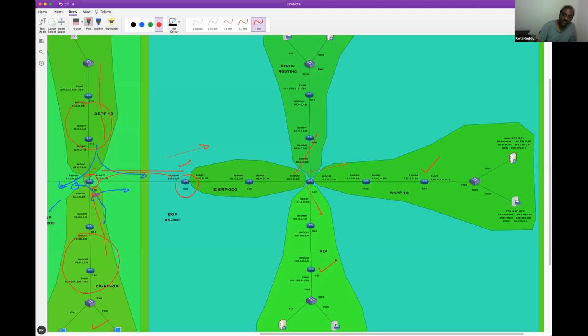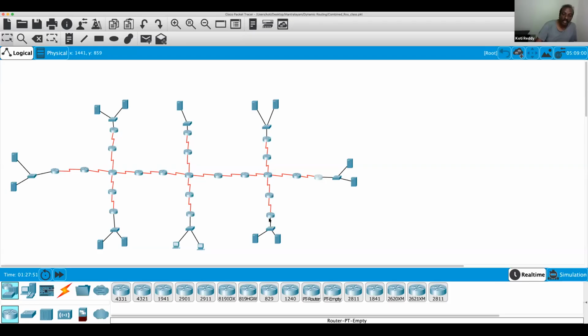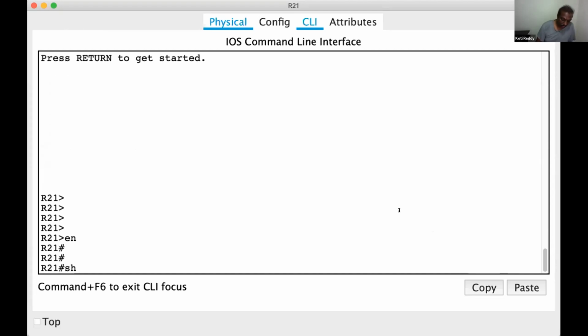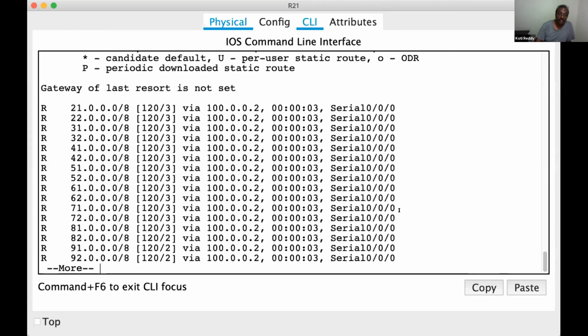Similarly, even if I go to R21 also, I should see these routes. Let us go to R21. Now when I go to R21, I say enable, show IP route. I should see the 60 and 70 series routes here also.